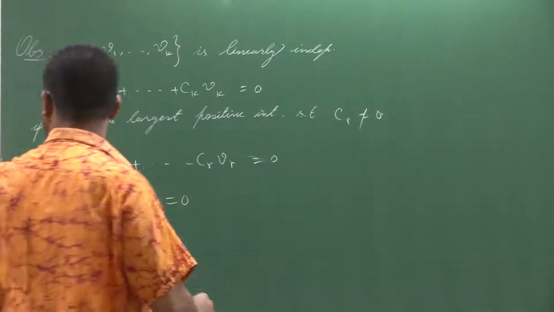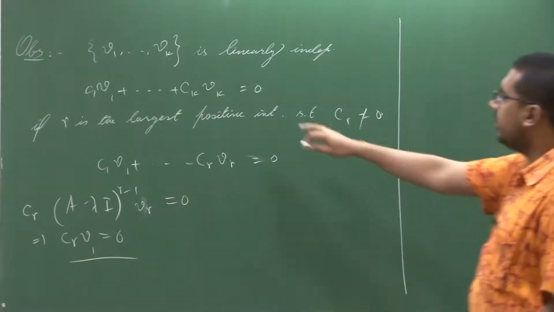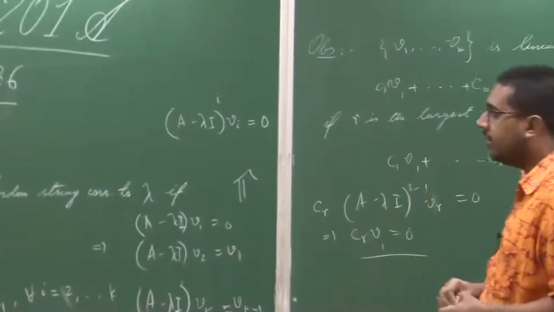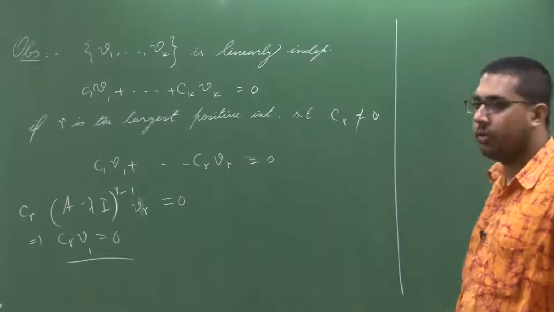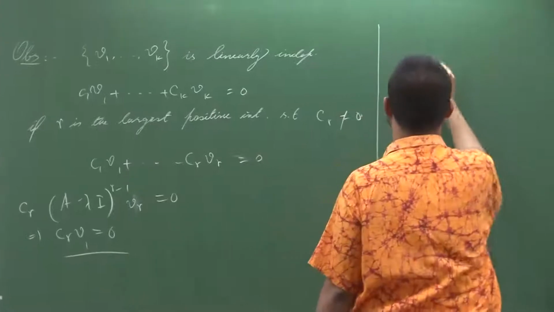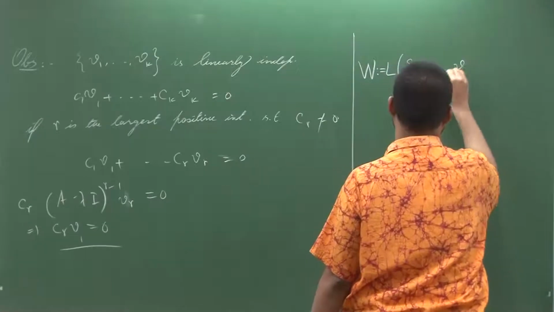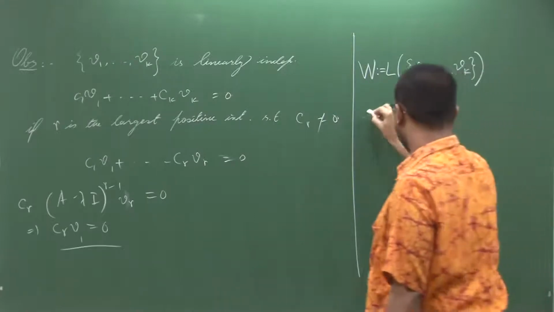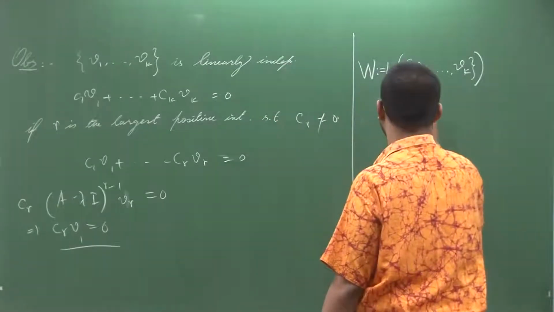So, once we have a Jordan string, any Jordan string corresponding to some eigenvalue lambda, we have seen that it is going to be linearly independent. Now let us define W to be the span of this. Then certainly W is T invariant.